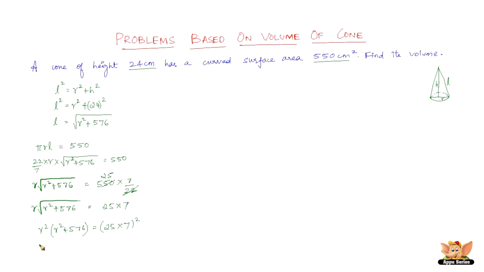So on multiplying this, we have r square and r square is r to the power of 4, plus 576 r square. Let us take this 25 into 7, the whole square, to the left side. It becomes minus 25 into 7, the whole square equals 0 because we have nothing left on the right hand side.